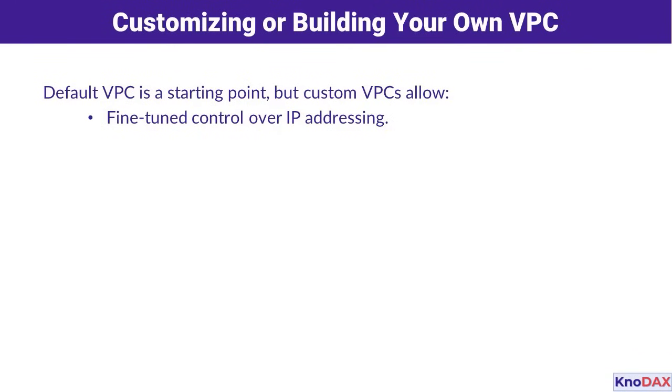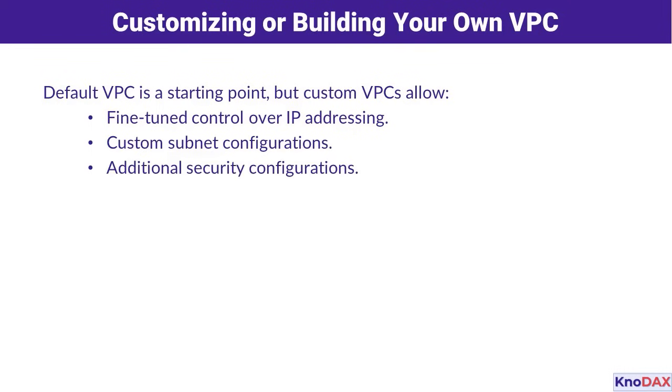Let's talk about moving beyond the default VPC and exploring the power of creating your own custom VPC. While the default VPC is a great starting point, building a custom VPC allows you to take full control of your network setup. You can fine-tune your IP address ranges, design custom subnets, and implement additional security configurations tailored to your needs.